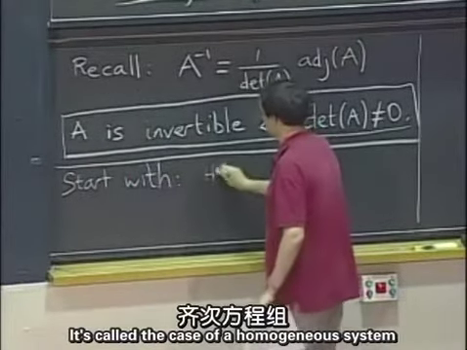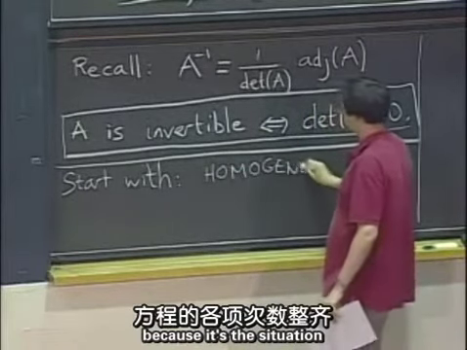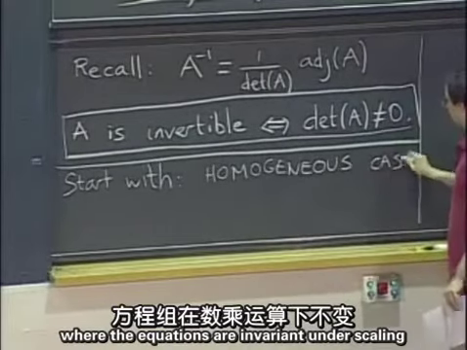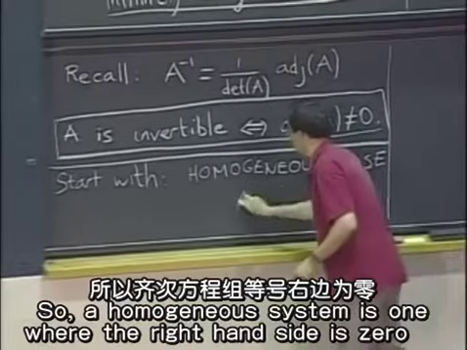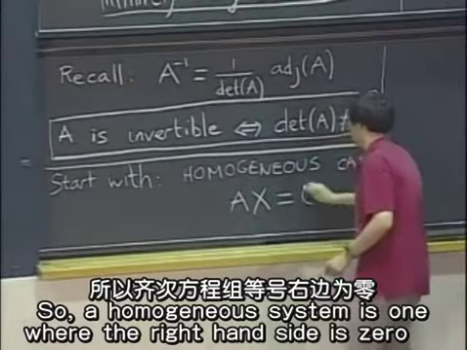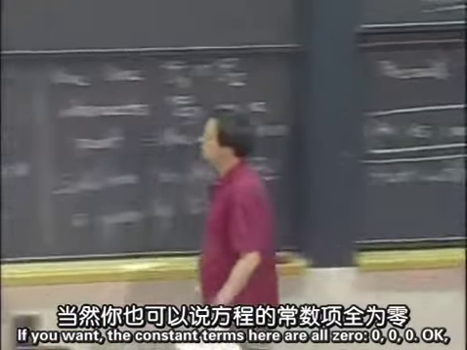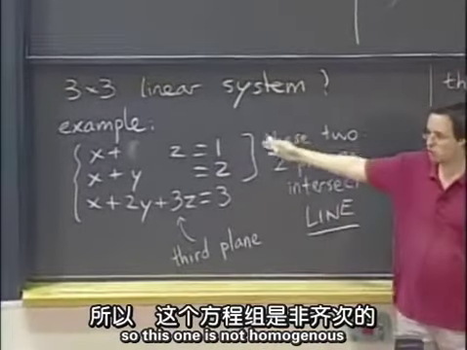It's called the case of a homogeneous system. It's called homogeneous because it's the situation where the equations are invariant under scaling. So a homogeneous system is one where the right-hand side is 0. Okay? There's no b. If you want, the constant terms here are all 0, 0, 0. So this one is not homogeneous.